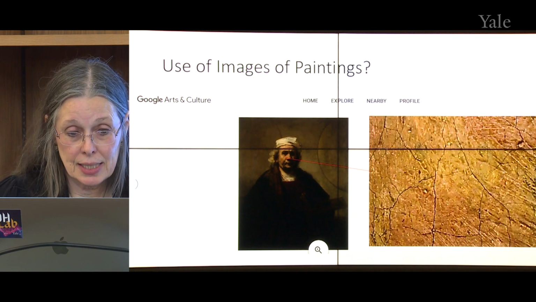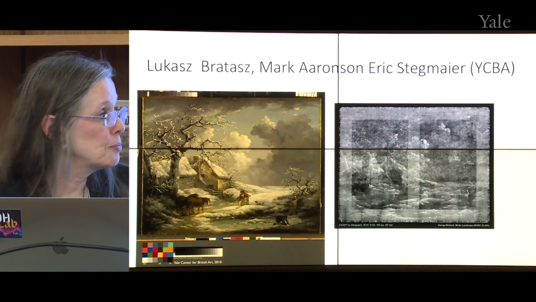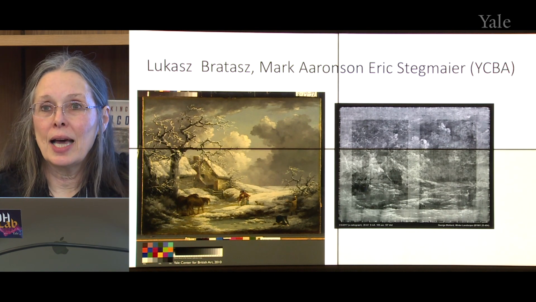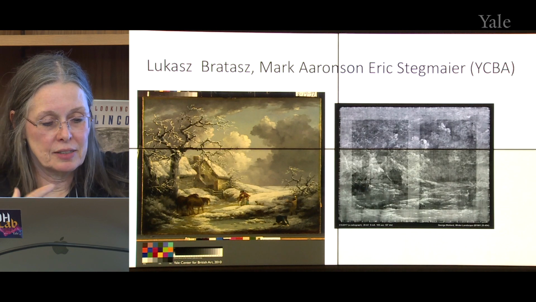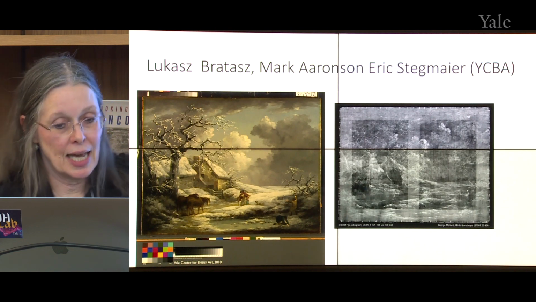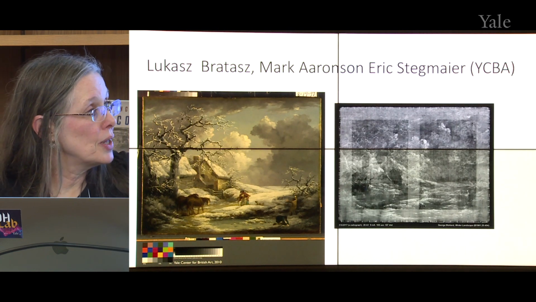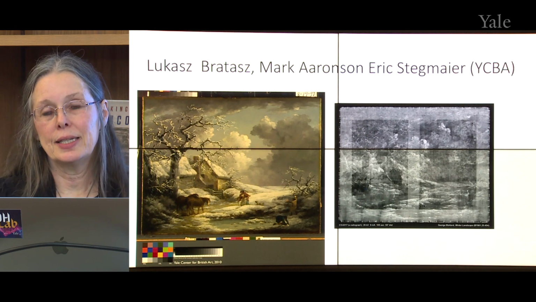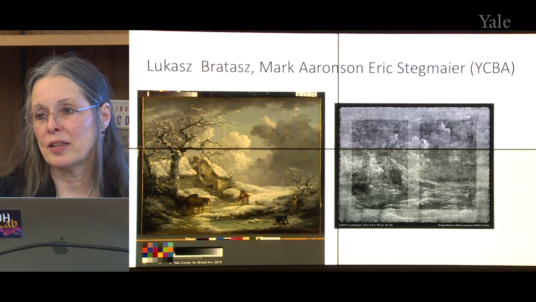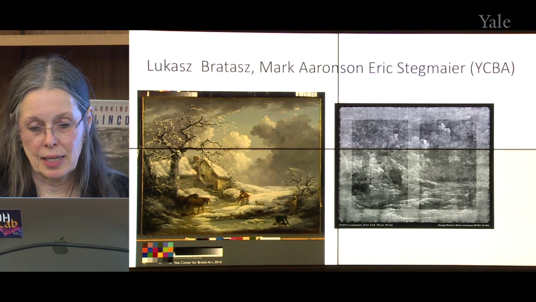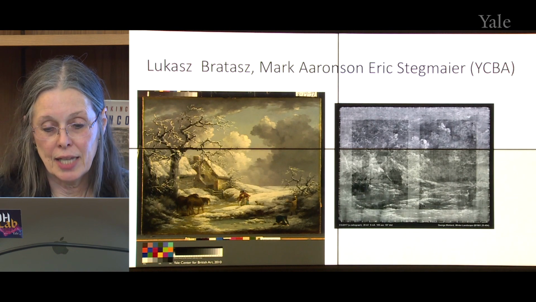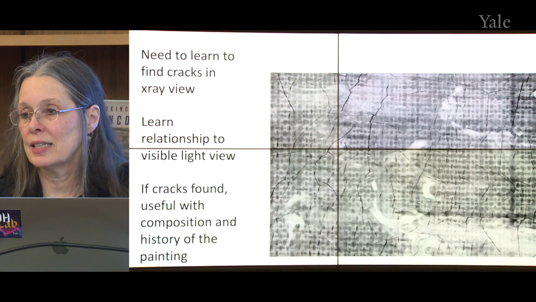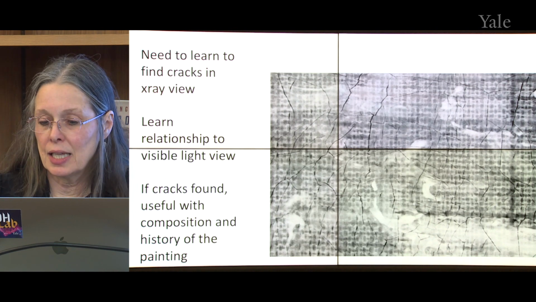A brilliant idea that Lukáš brought us, who was recently at the Yale IPCH and is now running an analysis lab in Poland, working with the Yale Center for British Art, is using X-rays of the images rather than just trying to see the cracks on the images. In an X-ray, the cracks are harder to see up close, but there's a lot less in the way of dark paint and light paint.